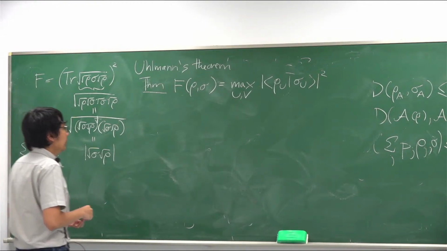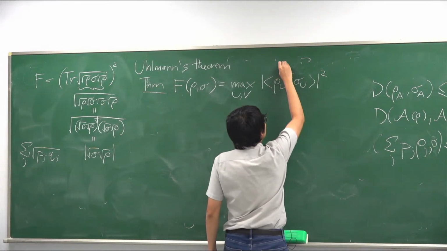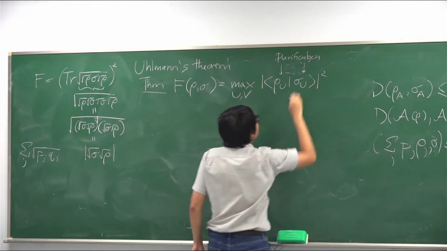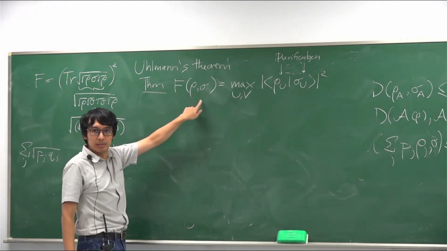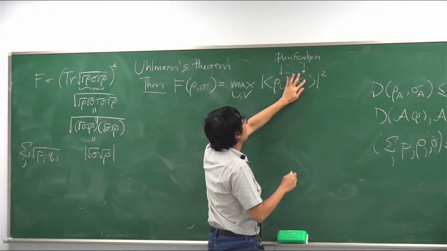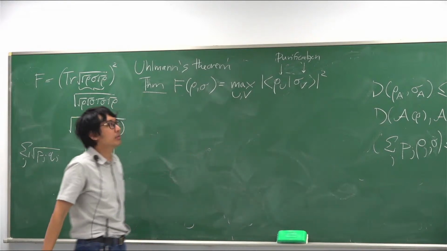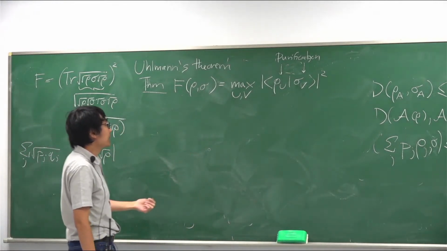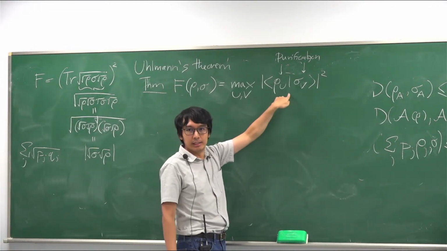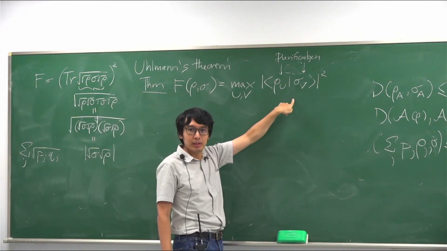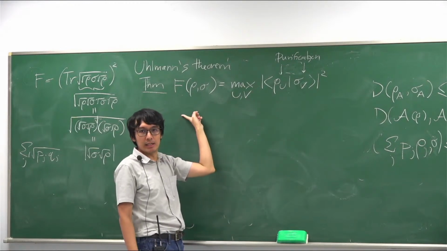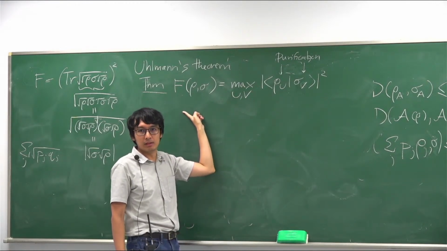And so here I have the purification of this matrix with some degree of freedom, which can be different. If you maximize over it, this would be the pure state fidelity between the two purifications.